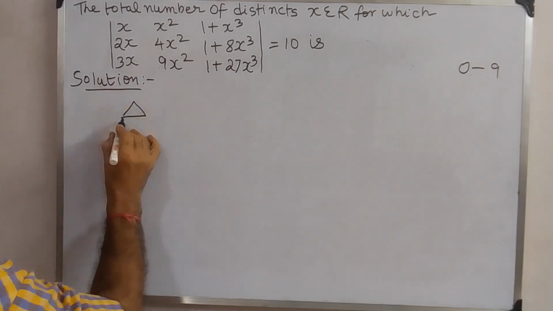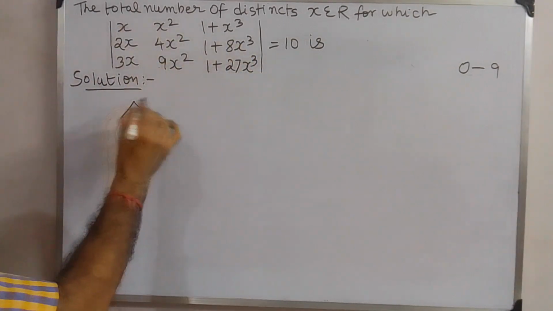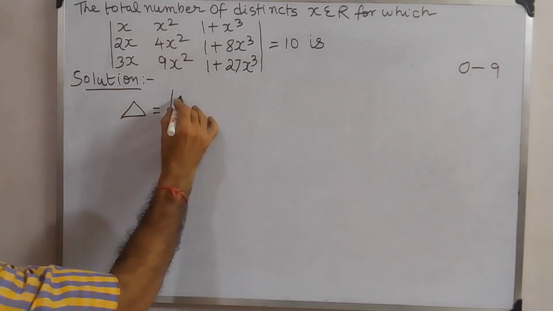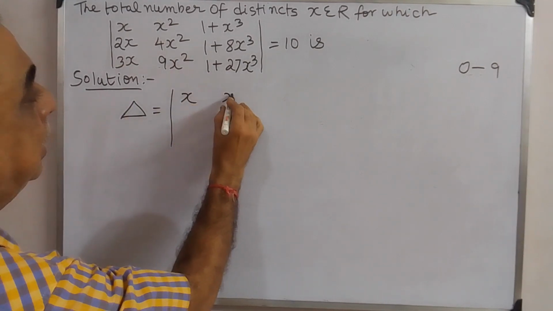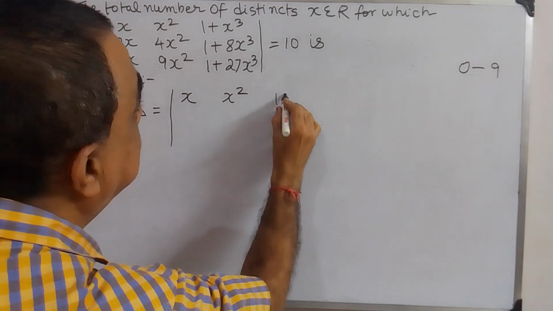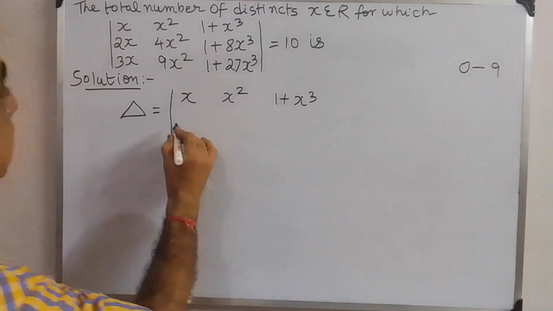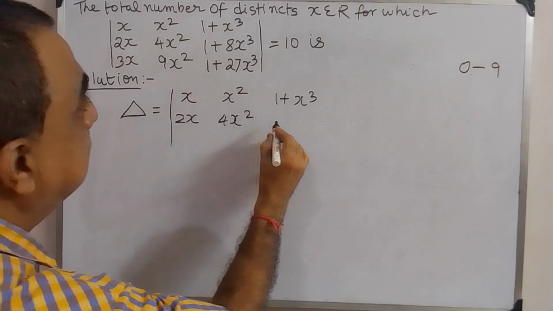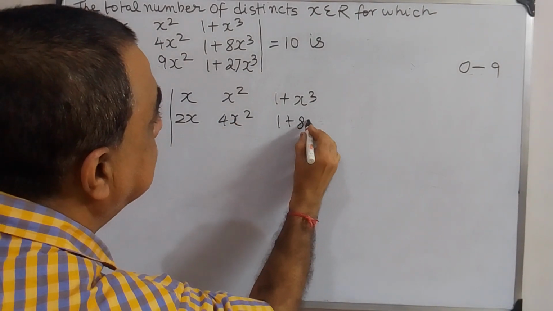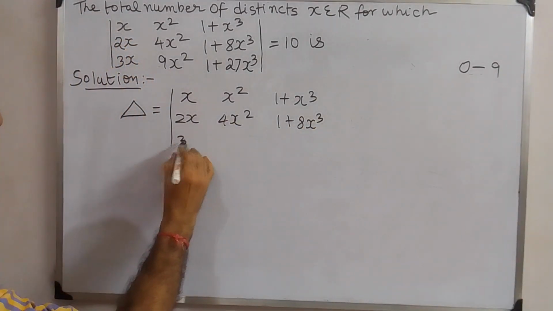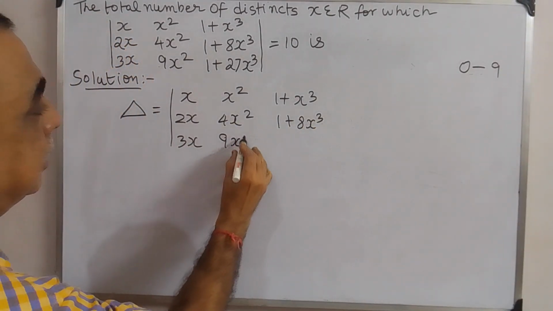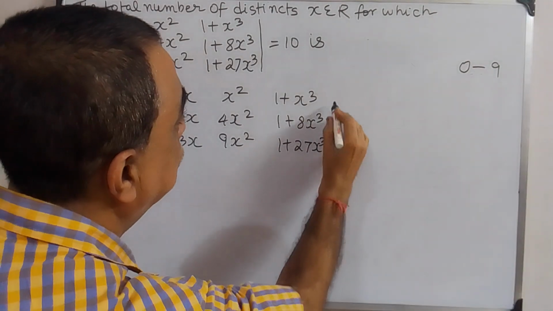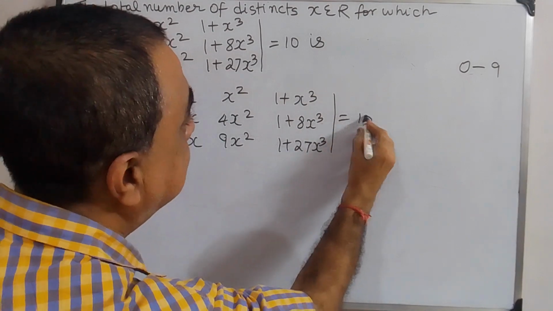I am representing this determinant by delta. So this delta is equal to the determinant with rows x, x squared, 1 plus x cube; 2x, 4x squared, 1 plus 8x cube; 3x, 9x squared, 1 plus 27x cube, and this is equal to 10.